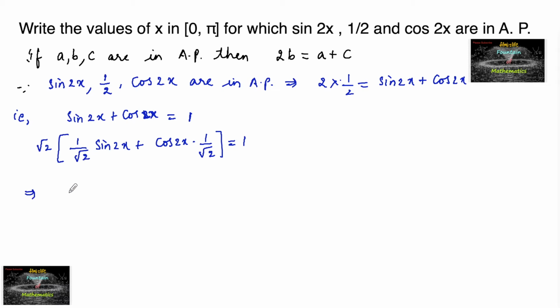We can write 1 upon root 2 as cos pi by 4 for sin 2x, plus sin pi by 4 for cos 2x, because sin pi by 4 and cos pi by 4 are both the same, which is equal to 1 upon root 2.